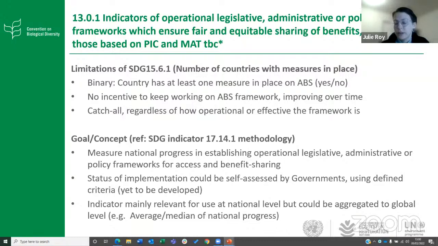So it would be a way of looking at different aspects of what makes an effective ABS framework, and then having an aggregate score that you're using to report on the indicator. So this would be really useful at the national level, and it would tell you, like a checklist, what you need to focus on in your national framework to improve your score or to improve your implementation of ABS.